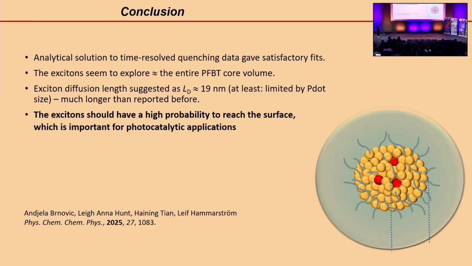So we used an analytical solution to time-resolved quenching data and got satisfactory fits. It seems that the excitons are able to explore the entire core volume. Much longer diffusion lengths are suggested, which means, the bottom line, that the exciton should have a high probability to reach the surface, which is important for photocatalytic applications.